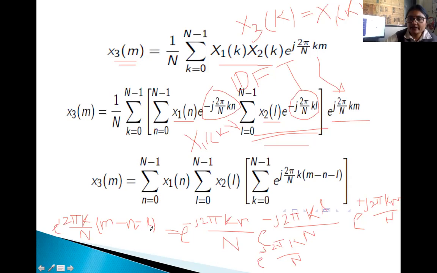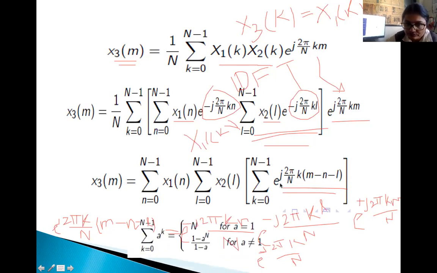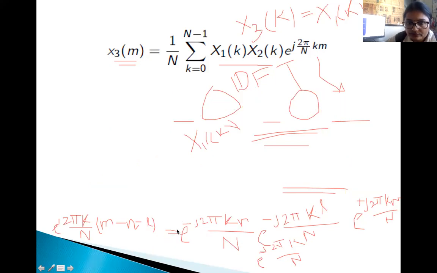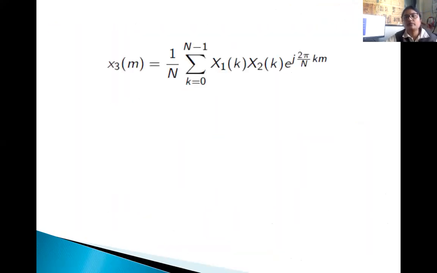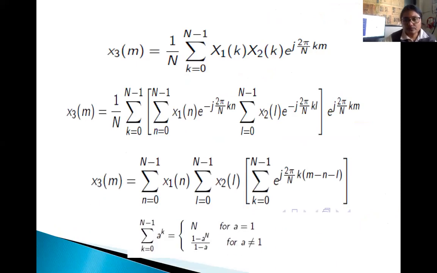So this is directly written here. This is directly mentioned here, the third term. Now, in this power series, you might have studied this.